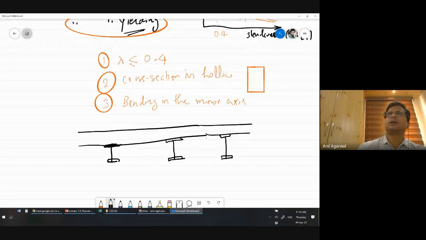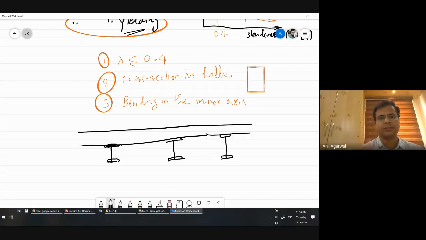In this case, you may say that the beams are not really effectively restrained against lateral movement, but typically you don't have to consider the lateral torsional buckling effect because of the load of the slab coming onto the beam.